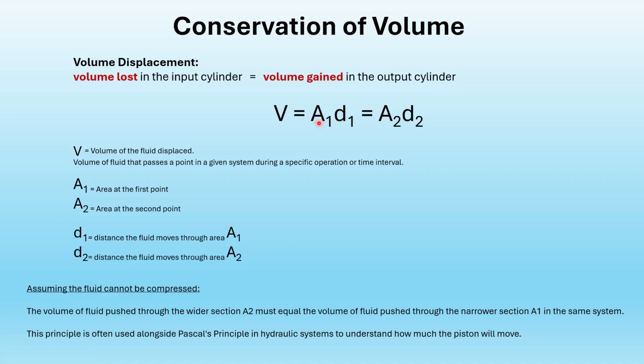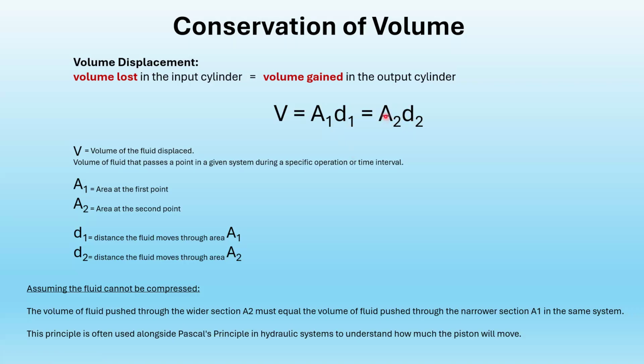So if we have a certain area of a piston or a cylinder, and that piston is displaced a certain distance, that volume displaced in one cylinder is going to equal the volume displaced in the other cylinder, even if the areas are different sizes.